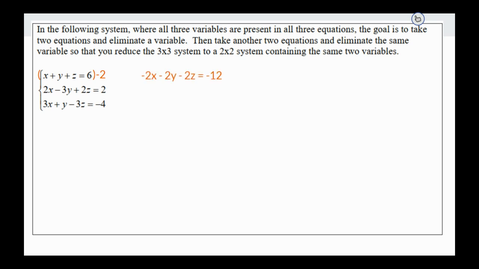Which is going to give me -2x minus 2y minus 2z equals -12. I'm going to add that to my second equation to eliminate x.